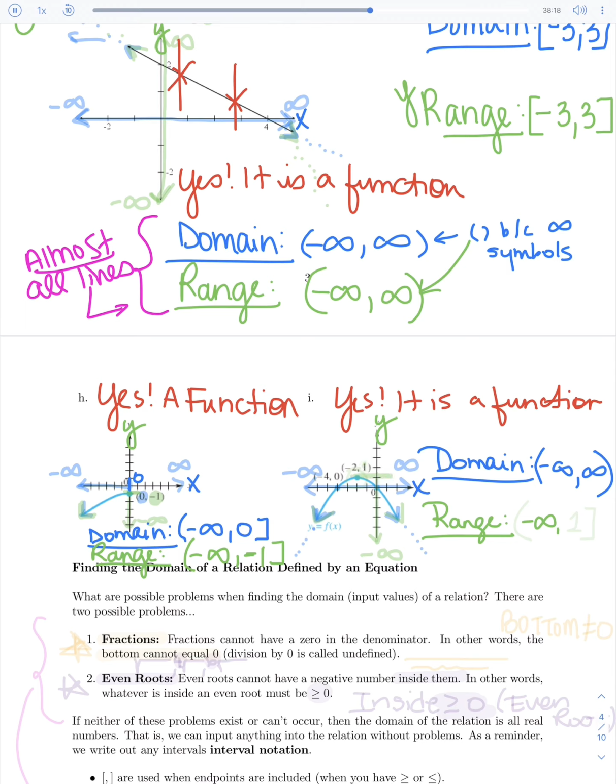Well, the y value for that point is a 1. So that means our range at the highest, our highest value it will get out is 1. Now, we already said if we've got an infinity, it should be a parentheses there. And at 1, because we have a point or a graph there, we need to include it, so it needs to be a bracket.